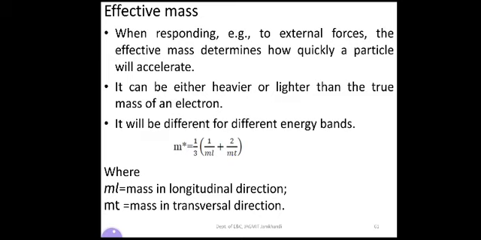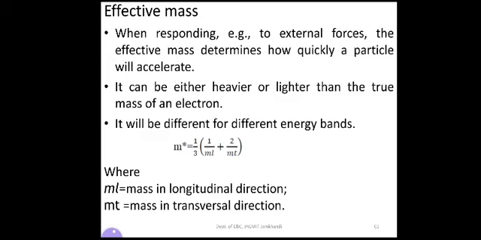Now let us see the effective mass. When responding to external forces, whenever an external force is applied, the effective mass determines how quickly a particle will accelerate, how fast is that particular electron. It can be either heavier or lighter than the true mass of an electron.